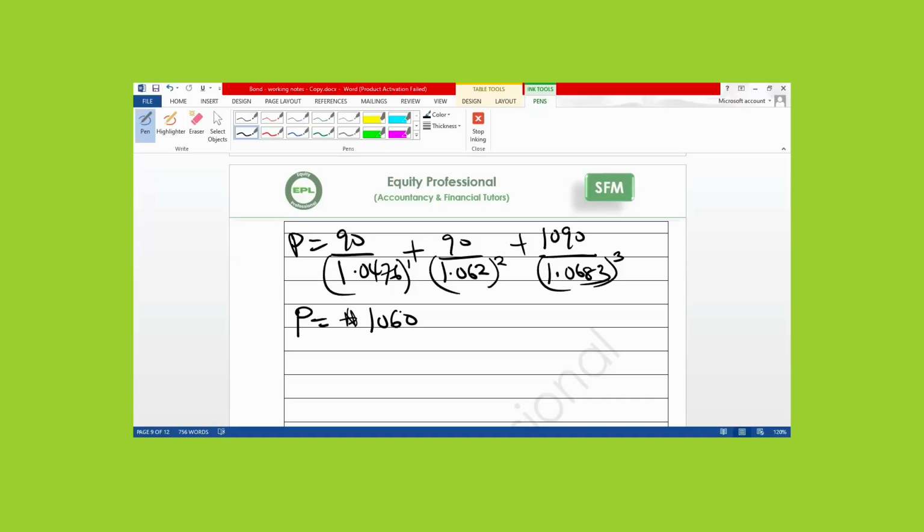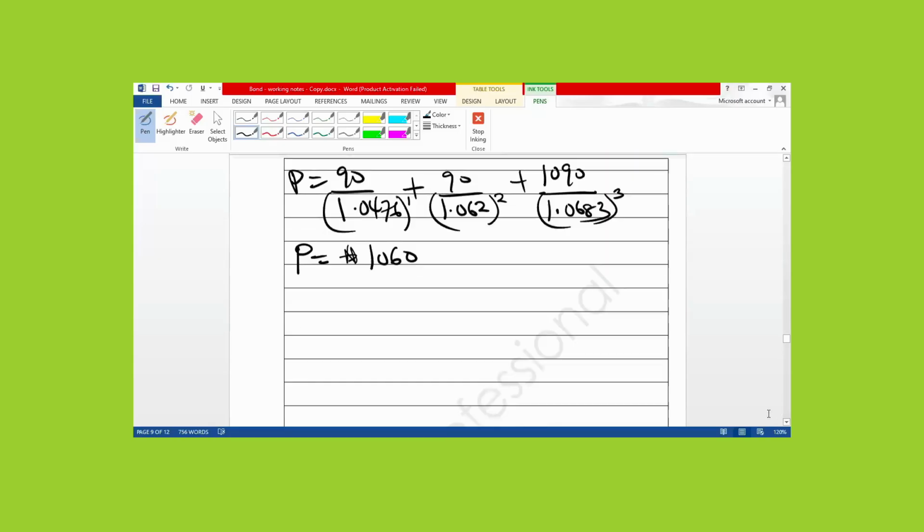What is the yield to maturity of the bond? You can see now, this didn't take you 5 minutes. The yield to maturity of a bond is the internal rate of return of the cash flow from the bond.